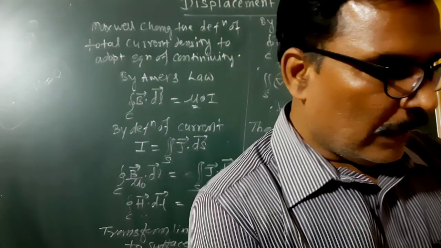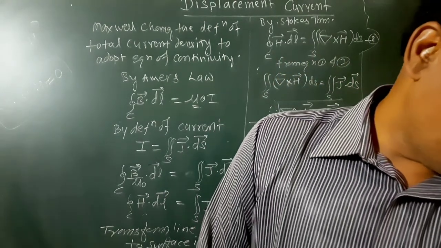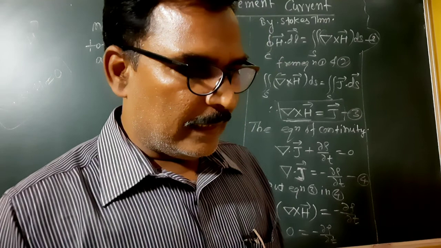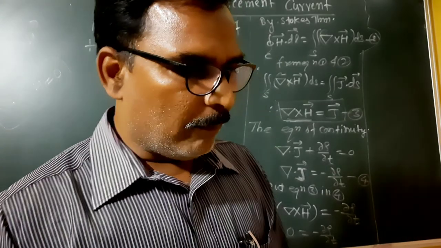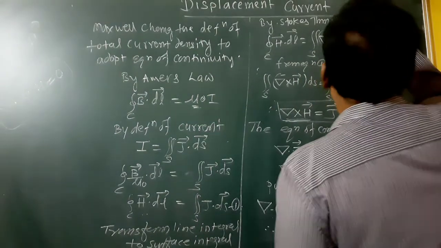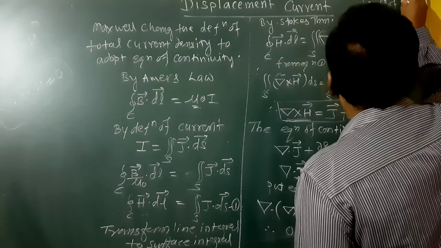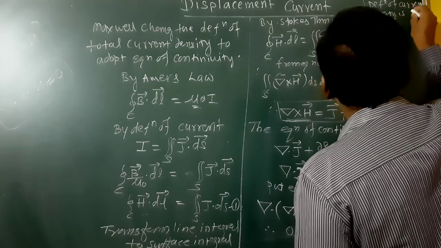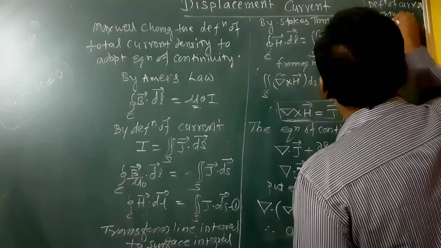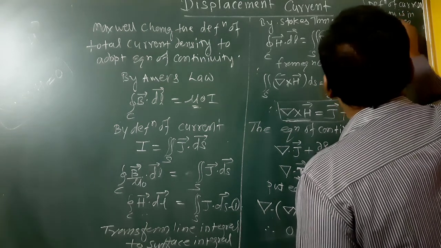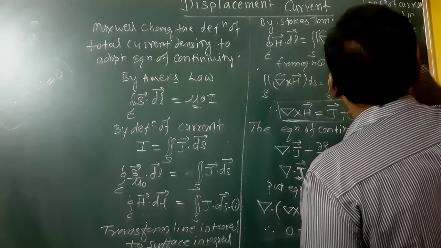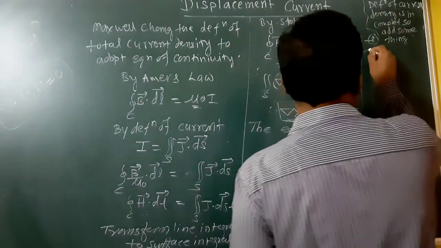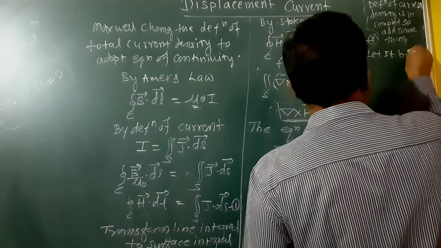For time dependent charges and fields, it should be noted that Maxwell suggested that the definition of total current density is incomplete, and advised to add something. Let it be J bar dash.